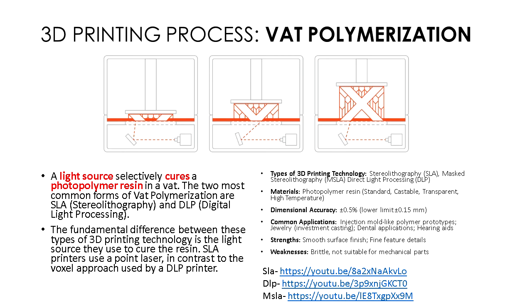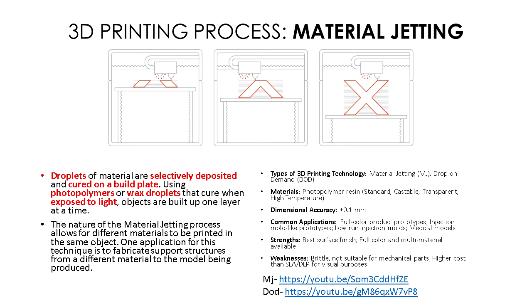The third one is MSLA, masked stereolithography, just a different configuration of how they shoot the light at the polymer. All right, so don't forget to watch the video and read the application.